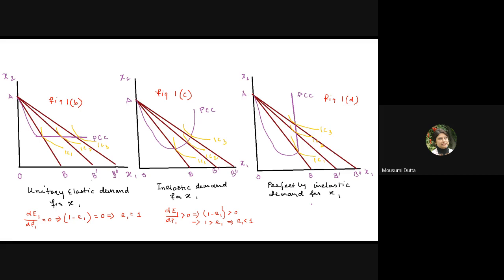Here the consumption of X1 is a constant. If we take X1 equal to c, then the expenditure E will be P1 into a constant. Then dE by dP1 would be only equal to the constant. And in that case, X1 would be equal to X1 into (1 minus E). So 1 minus E will be equal to 1, and so E will be equal to 0. Therefore, it is perfectly inelastic.